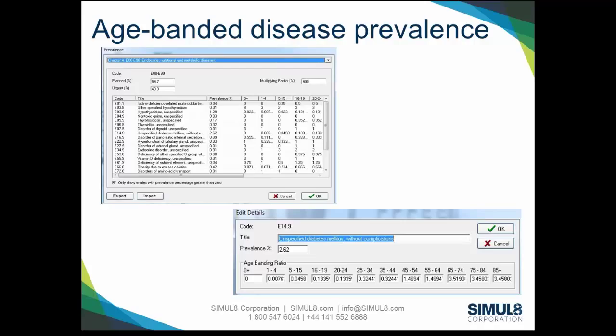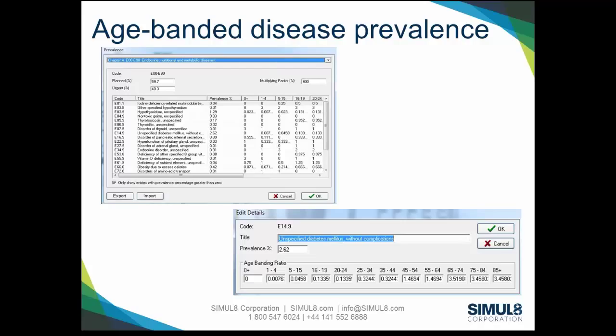So Mrs. Smith might have diabetes, but in the same year she might also have a mental health problem. She might break her leg if she's very unlucky, and all of these things will mean that she presents somewhere within the health system. And what we're interested in is the activity that Mrs. Smith produces, which the health system will need to handle.